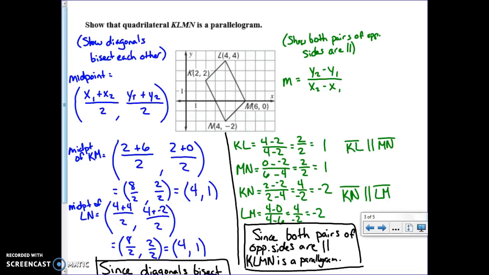Now I told you we were looking at 4 methods. We're not actually going to do the 4th method, but remember that a 4th method we could use is to show that one pair of opposite sides is both congruent and parallel.